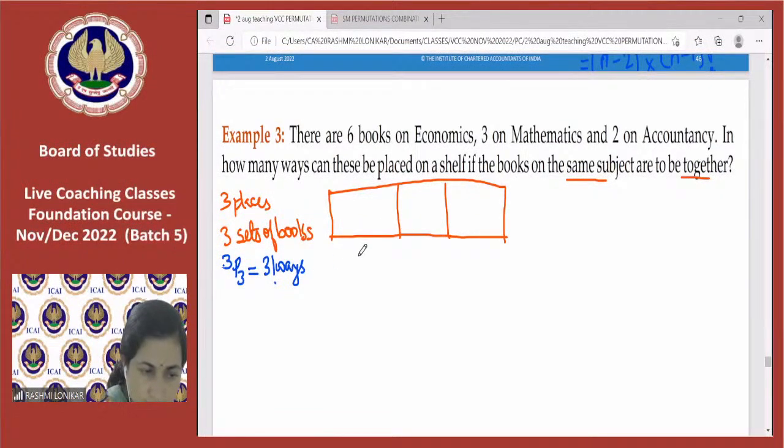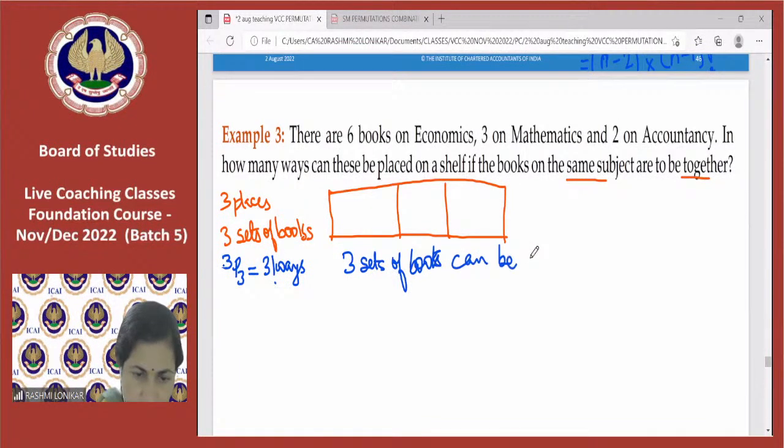So 3 sets of books can be arranged in 3p3 ways, which is equal to 3 factorial.